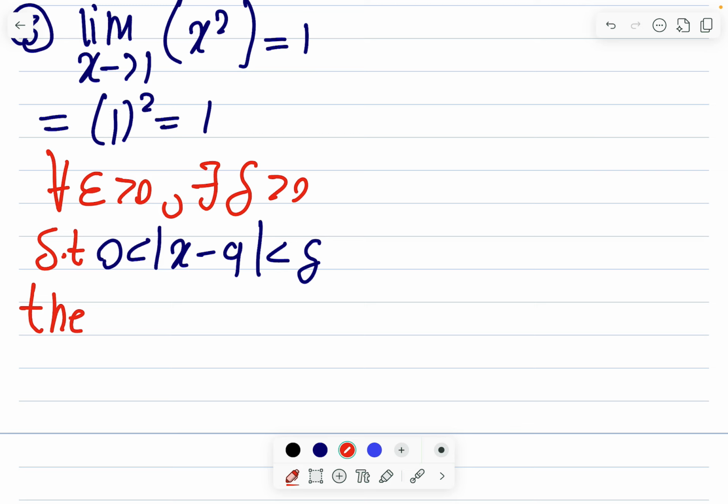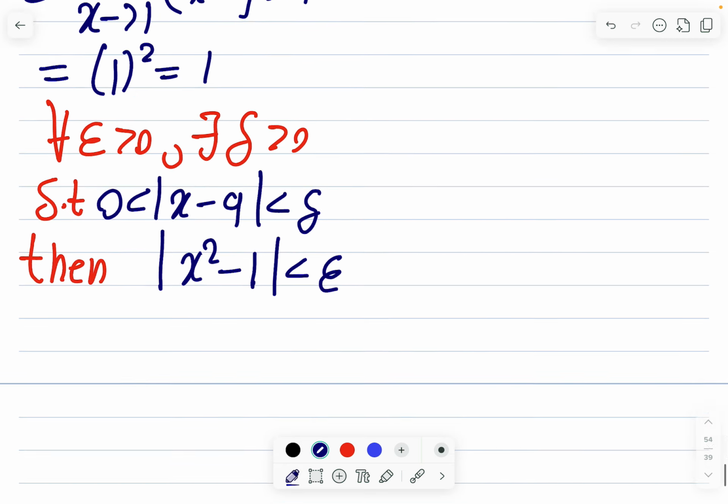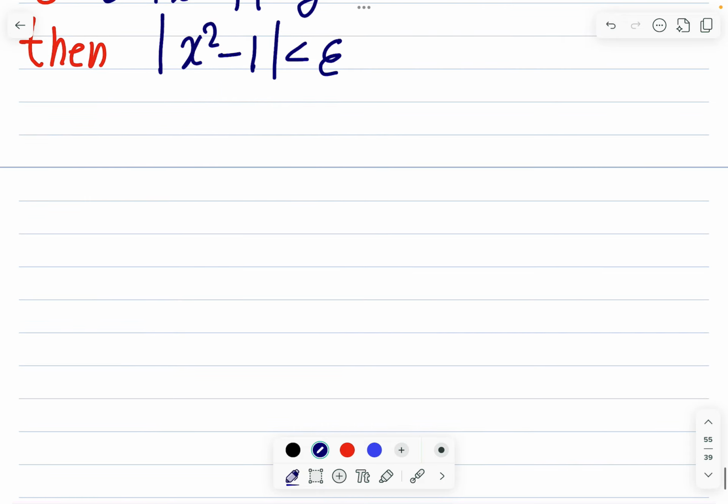Then the absolute value of f(x), which is x squared, minus L, which is 1, is less than delta. Understand? This implies that |x squared − 1| is less than delta.